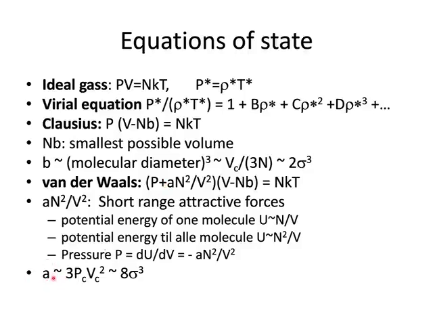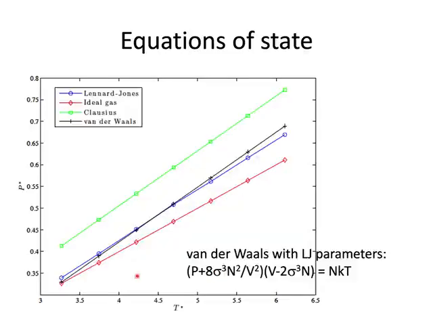Now this A parameter can be related to the critical pressure and the critical volume, or it can be related to the volume of a particle. So this is the volume of a single particle. And here I'm just comparing the different equations of state that I've shown so far to a simulation of Lennard-Jones changing pressure and temperature.